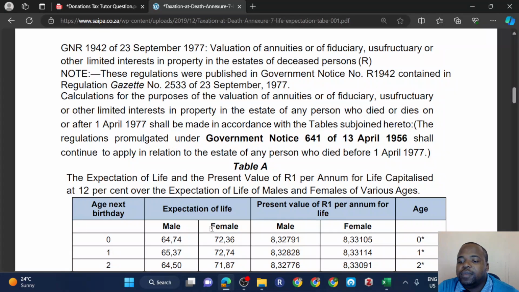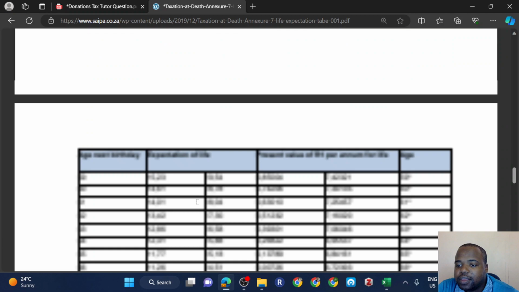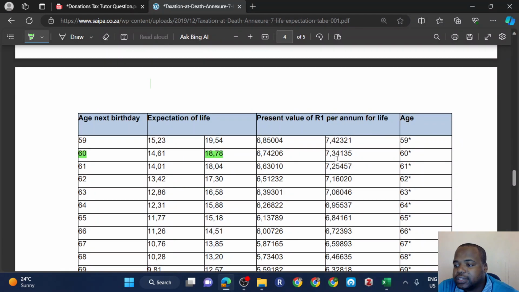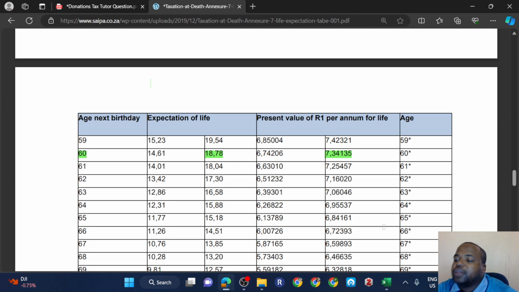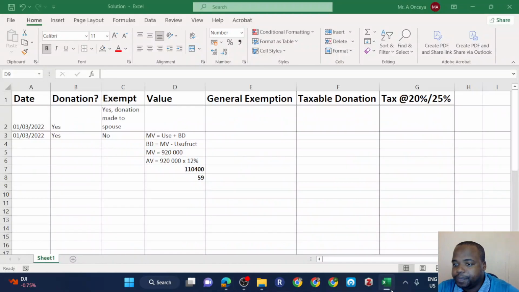So she's expected to live for 18.78 more years, and her PV factor, for someone who will be turning 60, is 7.34135. That's a present value factor.